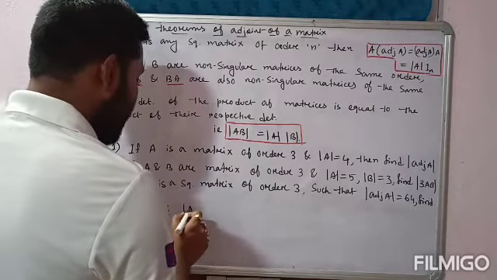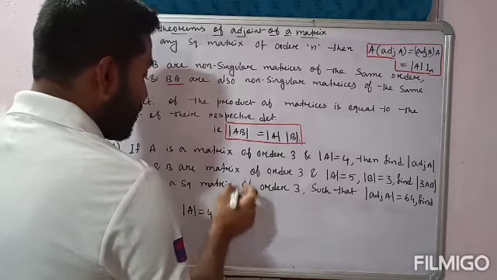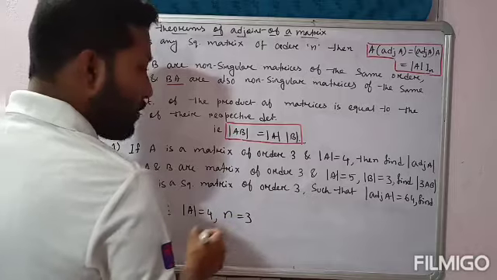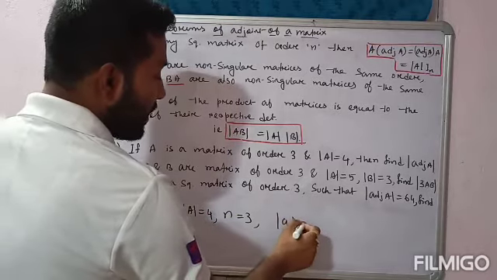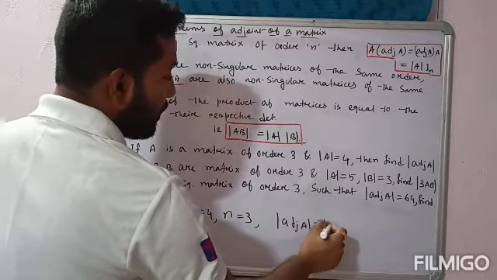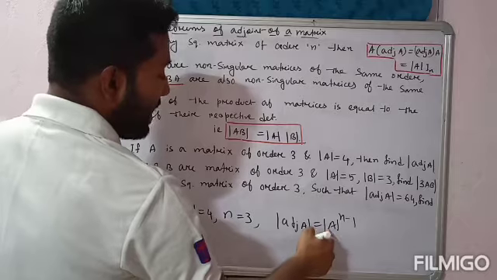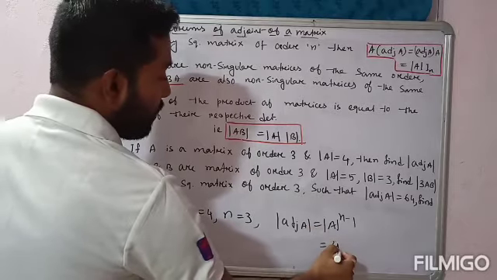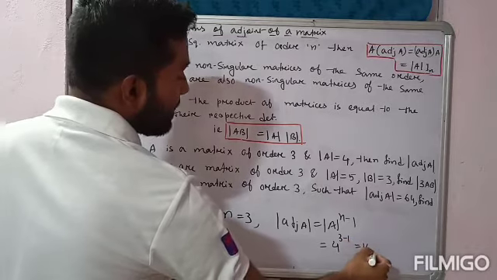Since determinant of A is given, this is equal to 4. A is a matrix of order 3, which means n is equal to 3. Therefore, determinant of adjoint of A is equal to determinant A to the power n minus 1, which means 4 to the power 3 minus 1, that means 16 is the answer.